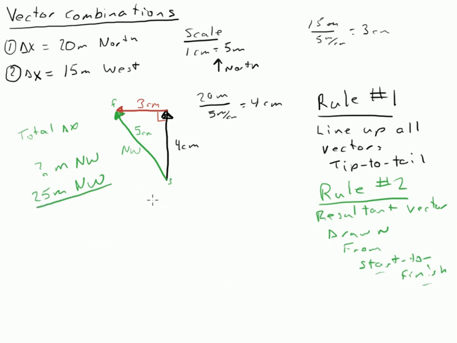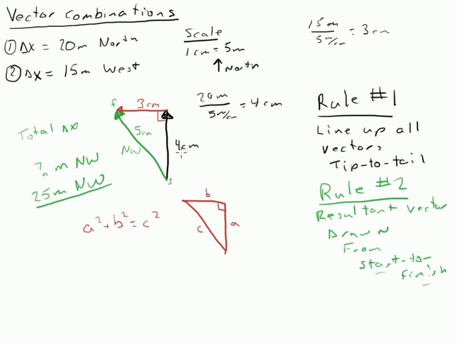The other way to find the total displacement when you're talking about vectors at right angles to each other is to look at this as a right triangle. You have a right triangle, you have side A, side B, and side C. So we can use the Pythagorean theorem, a squared plus b squared equals c squared, and solve for that value.